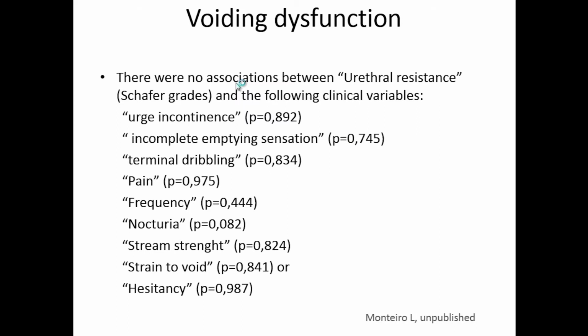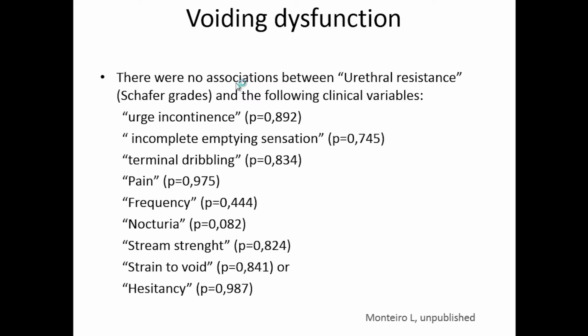Luis also showed that he tried to relate each symptom or symptom complex with the Schaeffer grade, and he couldn't find any relation between any symptom alone, or any other association of symptoms, and the Schaeffer grade of obstruction.